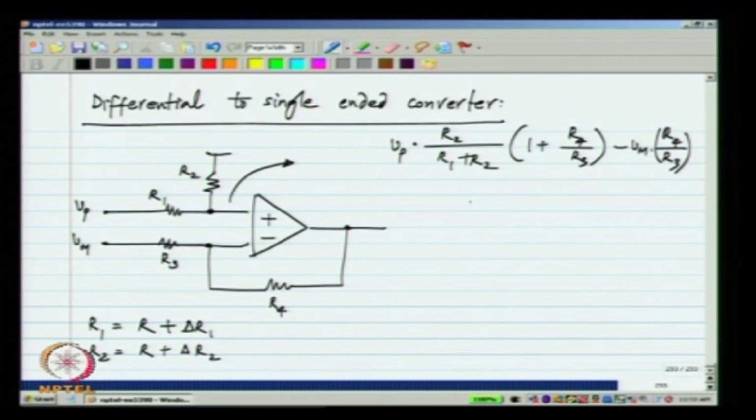So, let me consider, let us say, one of these ratios, R4 by R3. This will be R plus some value, and it will be R plus some other value.